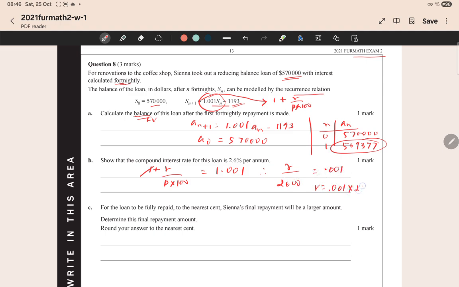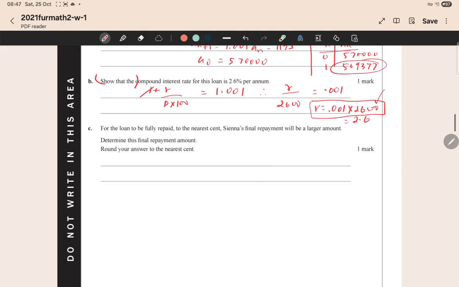It is this line that usually gets the mark. Because it's a show-that question and it's only 1 mark, this is the calculation you need to show.